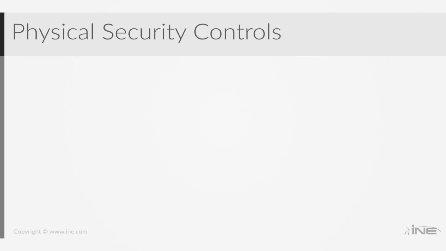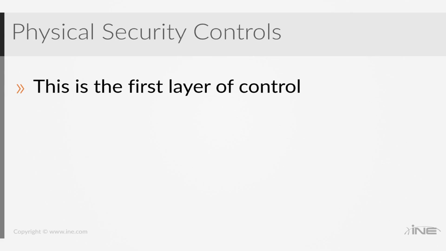So security controls that we're going to learn about are physical and technical for the purposes of this curriculum. So physical security controls are the first layer of control. If you have a super great, advanced, super powerful IT team with the ultimate technology and a lot of budget, but then you're not careful and leave the door unwatched or give access to the racks or to the server rooms, then what is it good for?